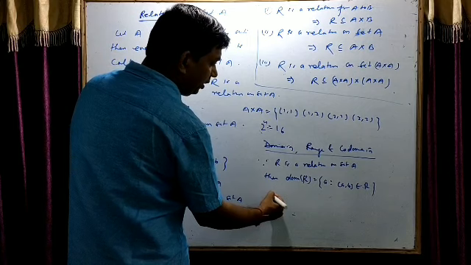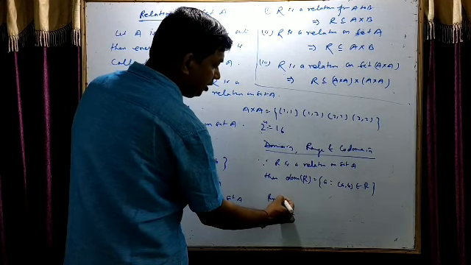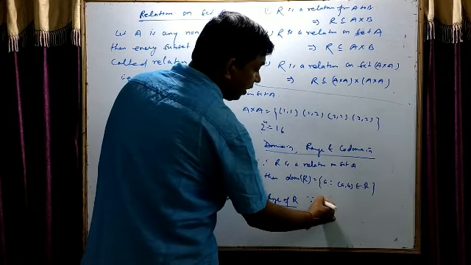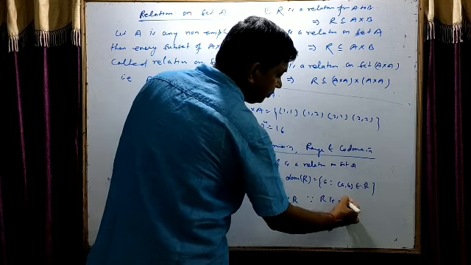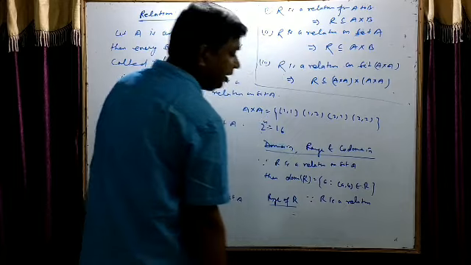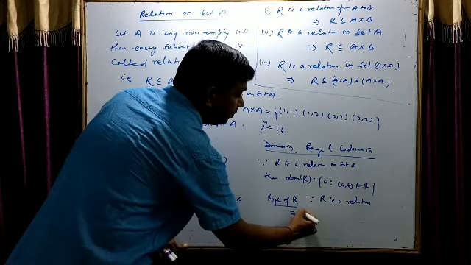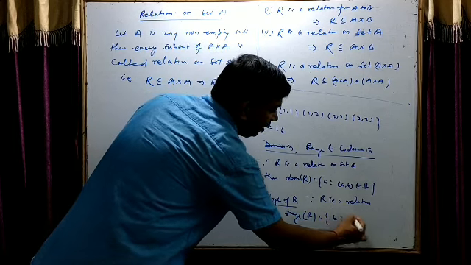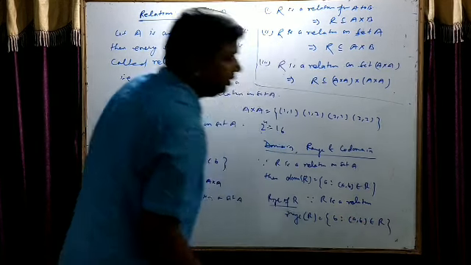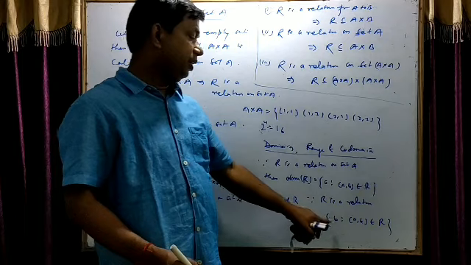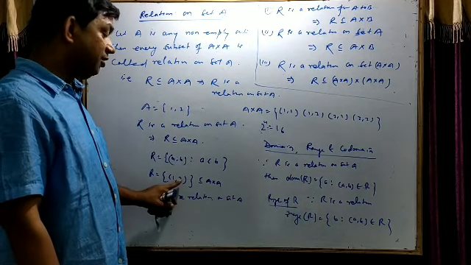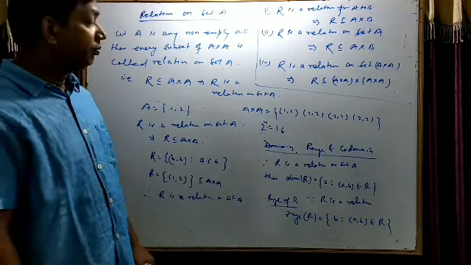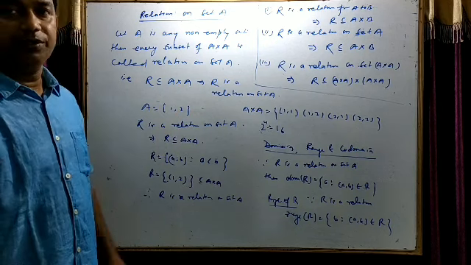Okay, and range. Range of R is what? Since R is a relation, range of R equals {b such that (a, b) is a member of the relation}. It means the collection of second elements of ordered pairs; this is called the abscissa and this is called the ordinate. The range is the collection of ordinates, because range and codomain are sets, but a relation is a set of ordered pairs.